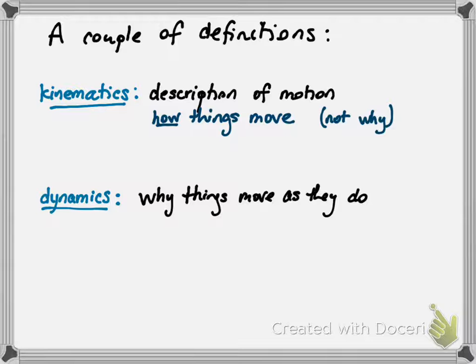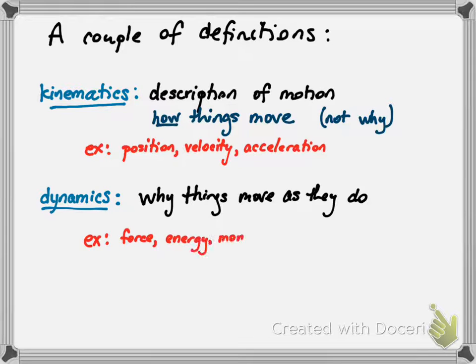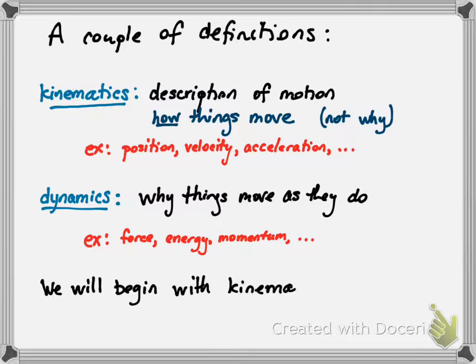A couple examples of kinematics quantities: position, velocity, acceleration. We're going to define and describe those in the next set of videos. Dynamical quantities are things like force, energy, and momentum.